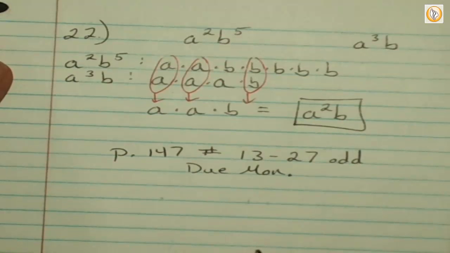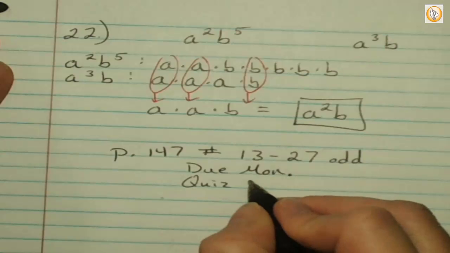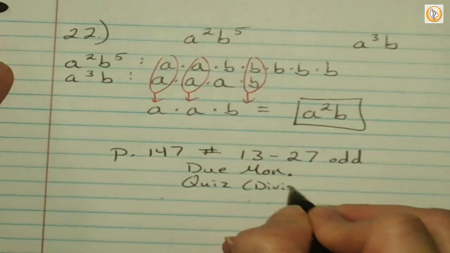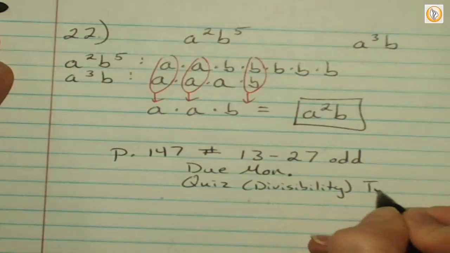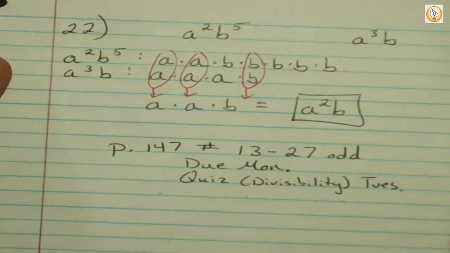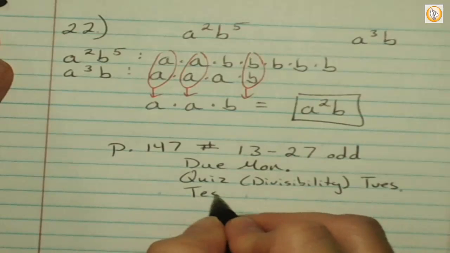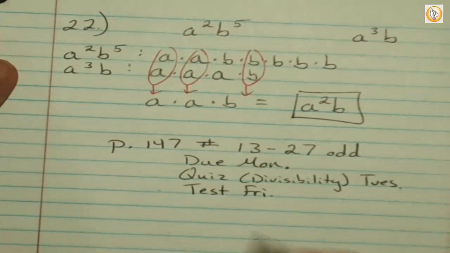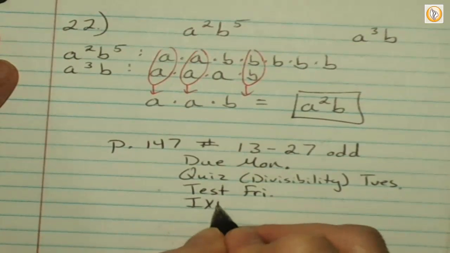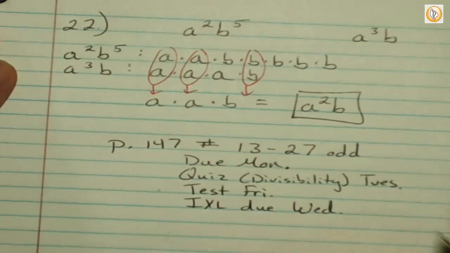You have a quiz on divisibility on Tuesday, you have a test on Friday. And your IXL is all due Wednesday, a week from today.